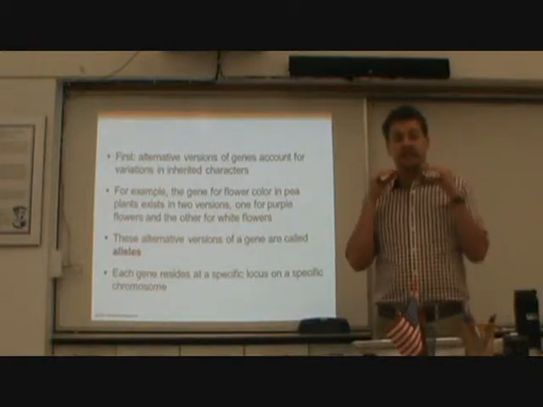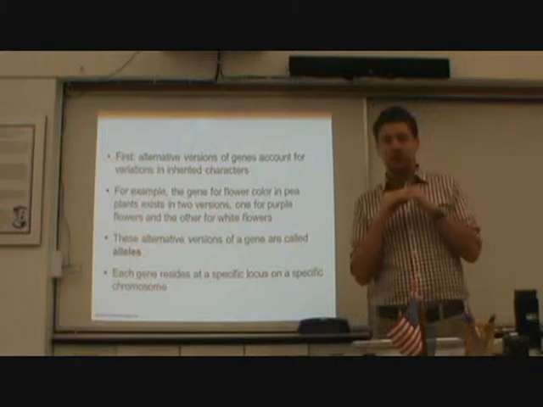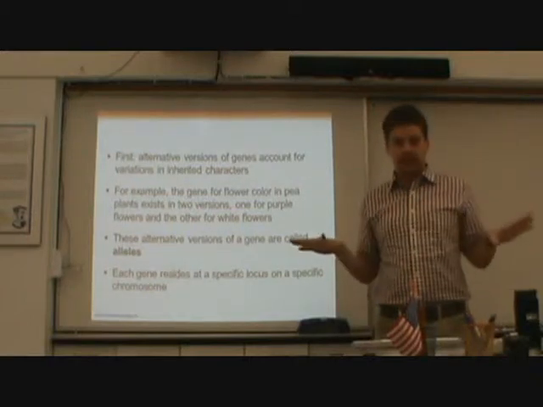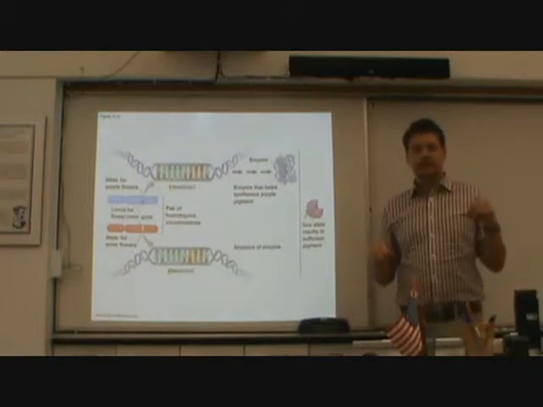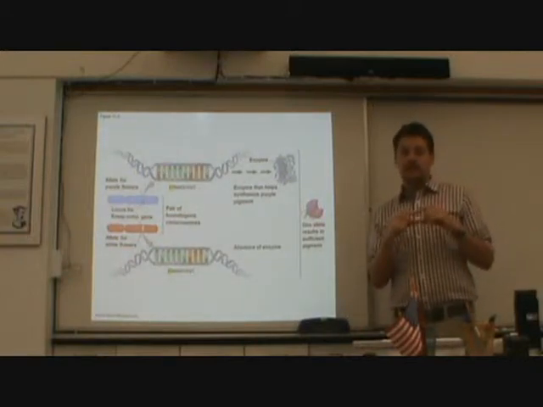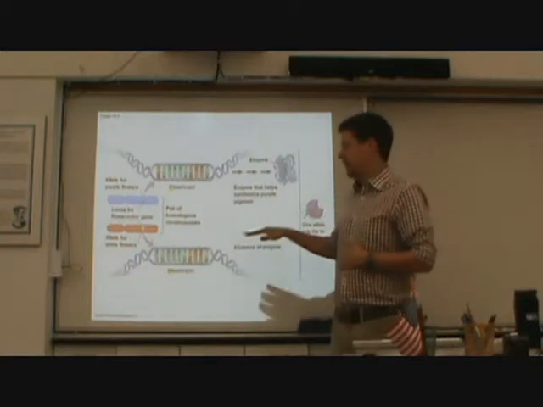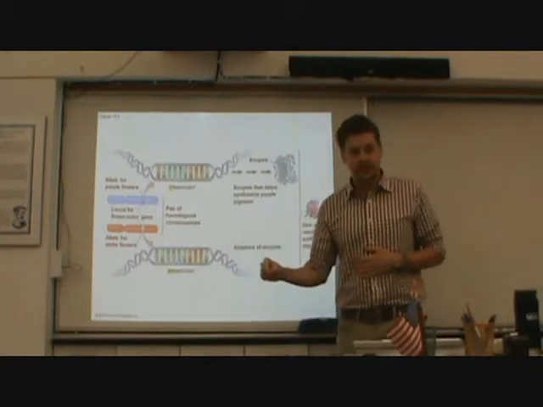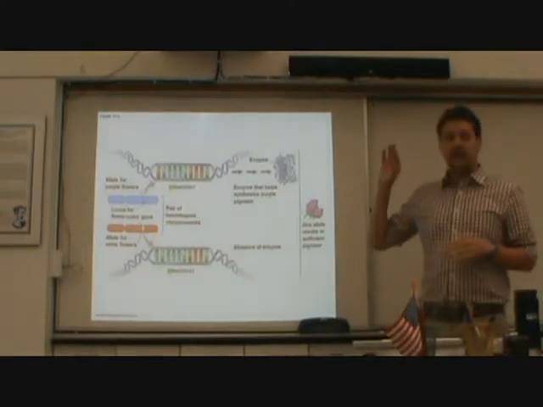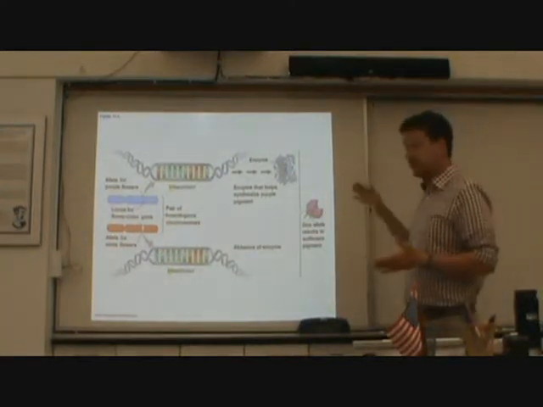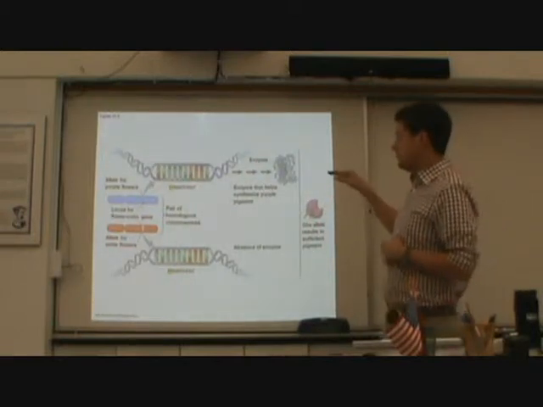So the gene for color is going to be at the same place on the same chromosome in any pea plant. And the different alleles are just different versions that exist of that gene in that specific locus on that specific chromosome.